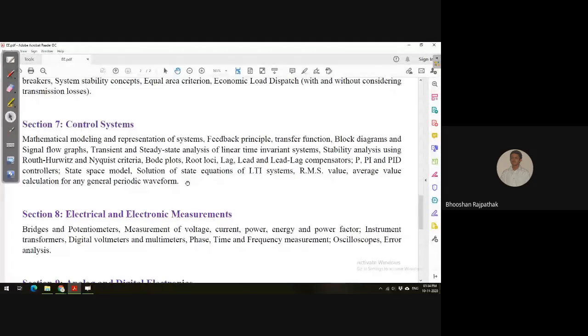In control system, there are some problems which take a large amount of time due to computations. So in this session, we will explain some of the tricks by which you can solve the questions easily and save time. Some shortcut methods I will explain in this lecture.